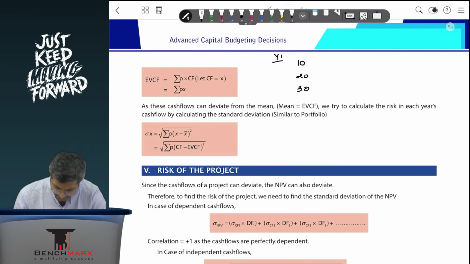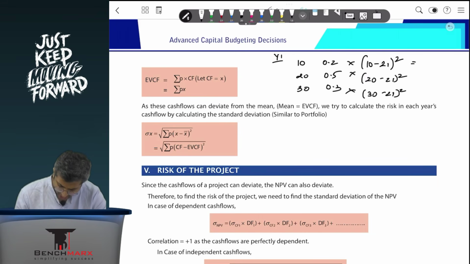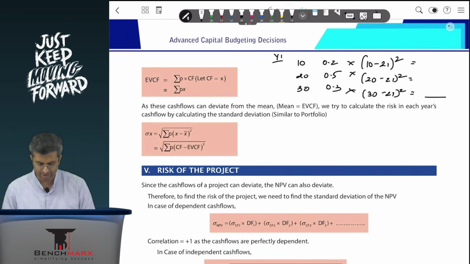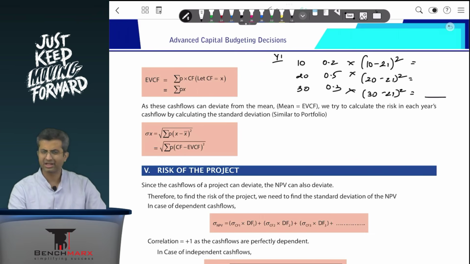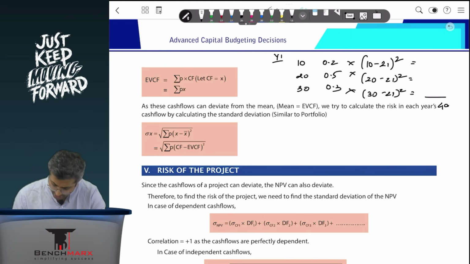So you will take 0.2, 0.5, 0.3 into, for example, 10 minus 21 the whole squared, 20 minus 21 the whole squared, and 30 minus 21 the whole squared. And you can just do the workings and you will get the final answer. So let us say you do this calculation and you get this number as 49.